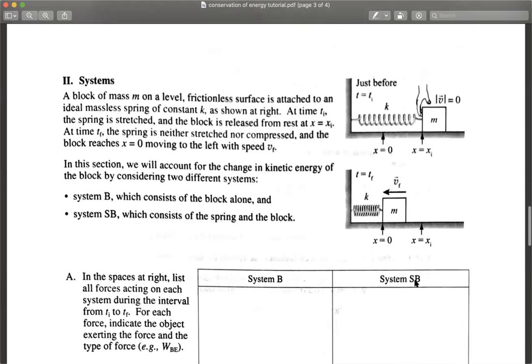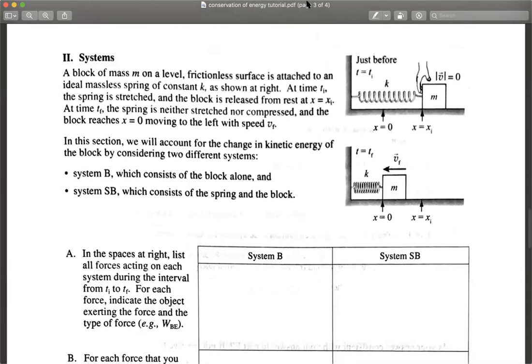As I've mentioned before, when you're solving a problem, the choice is generally up to you, but I find that most people prefer to define the system as broadly as possible and only think about work when they have to. So with that in mind, I'm going to share a different screen now.